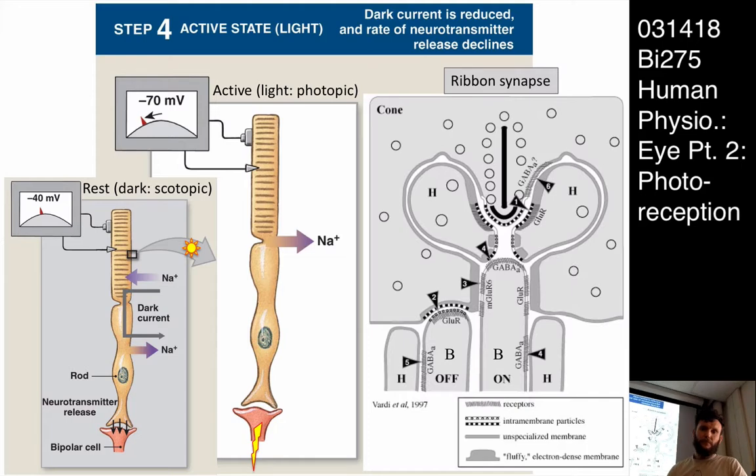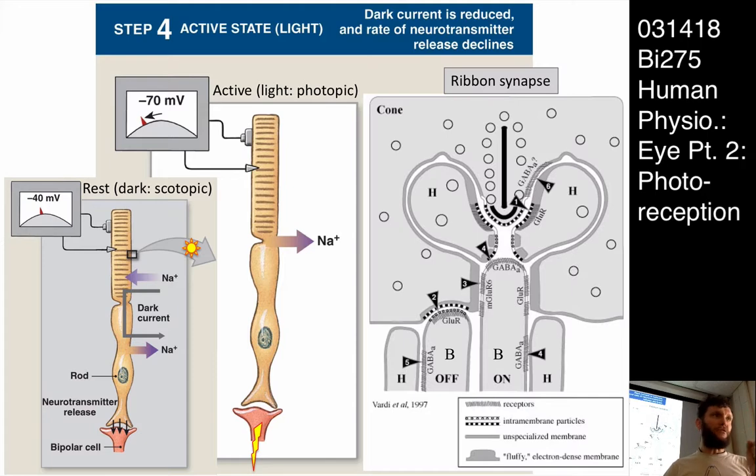Now, without going into the details, which you can get maybe when you go for a residency in neuro-ophthalmology, maybe, I don't know where they talk about it, the synapse of the photoreceptor, the synapse with the bipolar cell and a cone or a rod, is probably one of the most complicated synapses in the body.